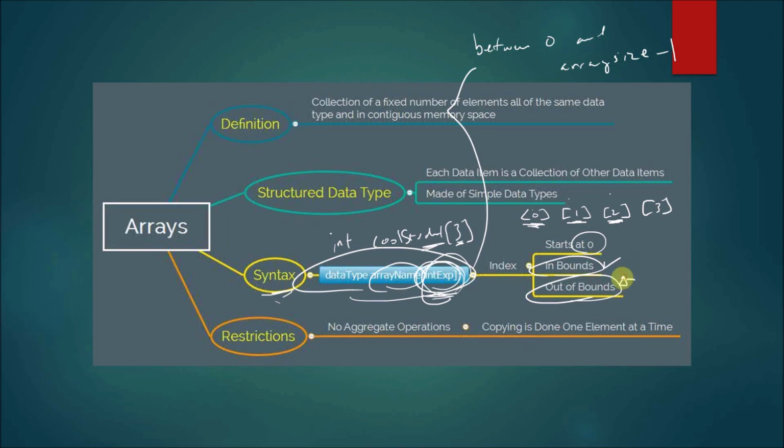If somehow you become out of bounds, which you must be careful not to do, you may end up accessing memory you didn't intend to access. Outside of our earlier example of 1000, 1004, 1008, you may be out here at 1012, and there's something weird in this memory space.